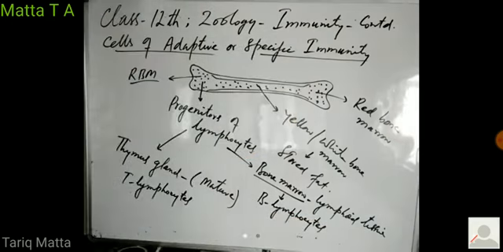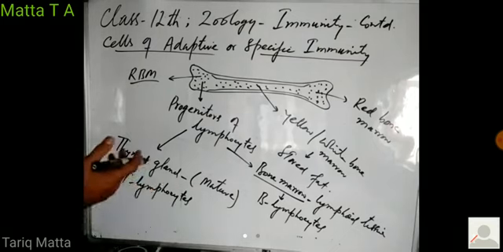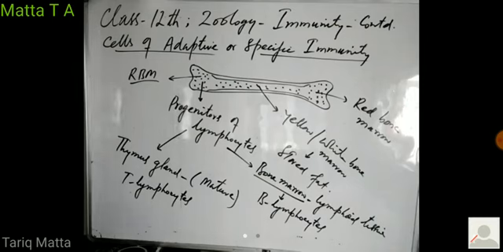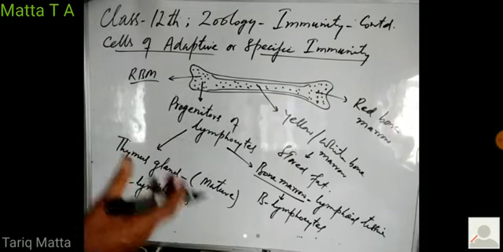So lymphocytes arise from the red bone marrow, like RBCs, WBCs and platelets. The cells which give rise to lymphocytes are known as progenitor cells of lymphocytes. Once these progenitor cells start forming lymphocytes, some of them come out of the bone marrow, migrate to the thymus gland and mature there.